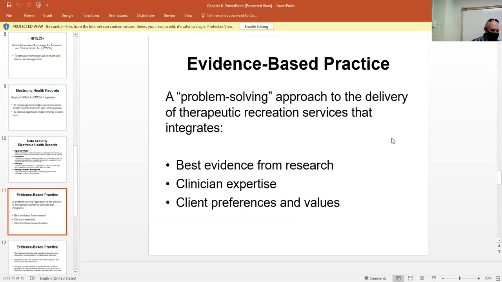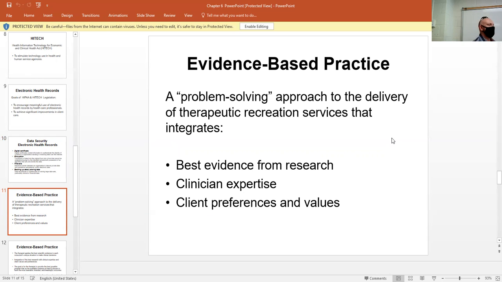Okay, something else that helps, and we've talked about this before, we've kind of gotten into the implementing research part of this chapter now. Evidence-based practice does what?